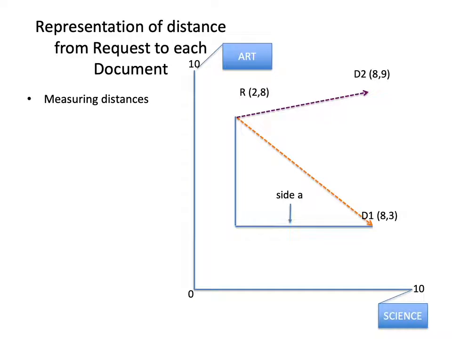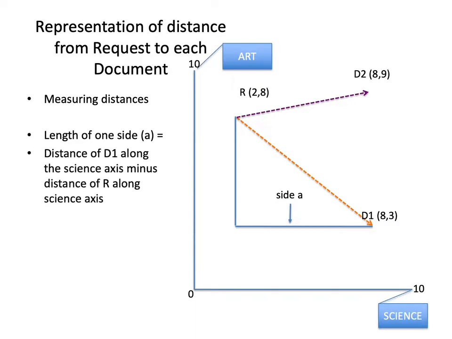To find side B, we can say the top of it is at 8. It's up 8 on the art axis. And we know that document 1 is up 3. So we're going to have 8 minus 3.